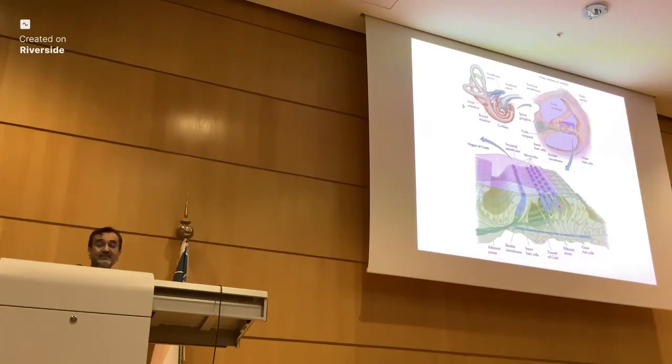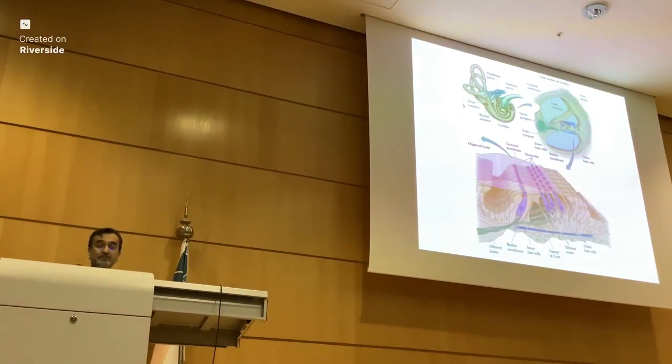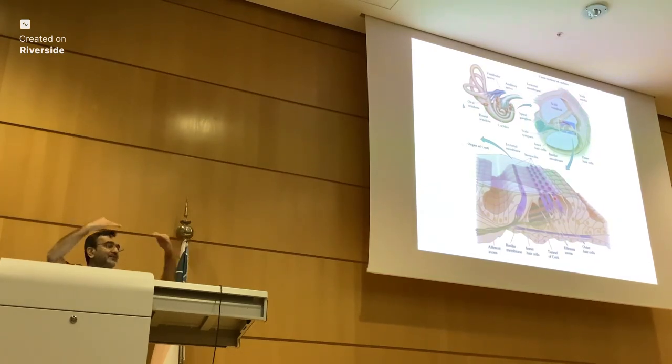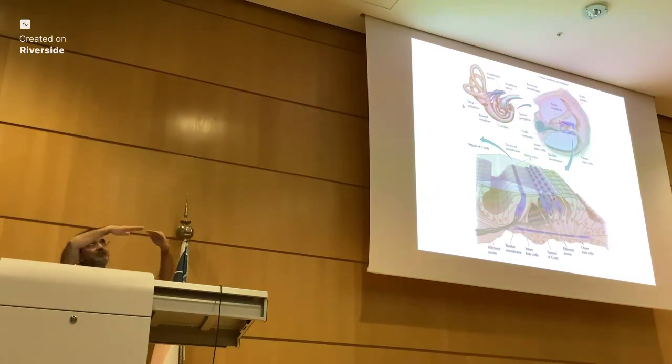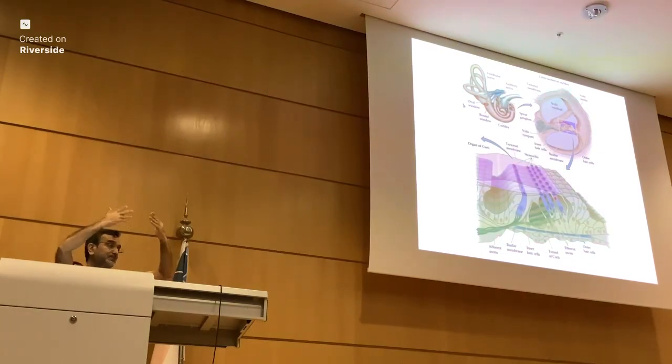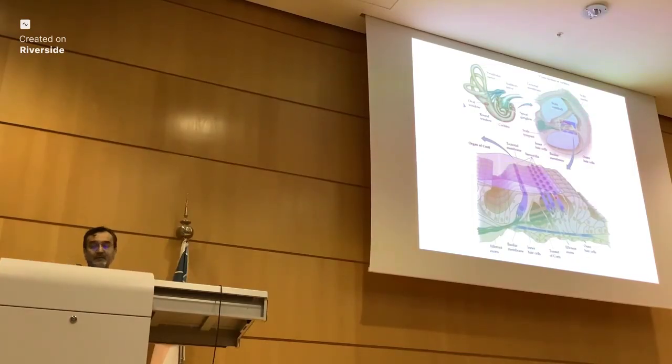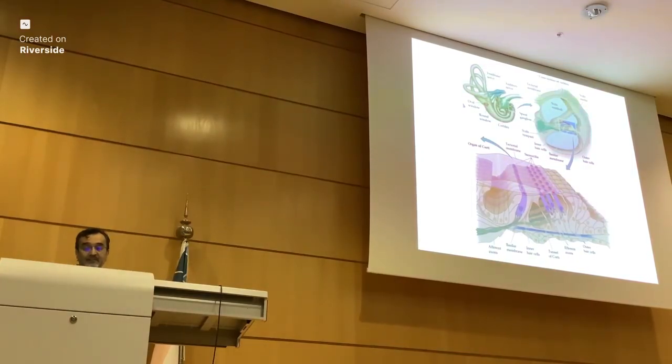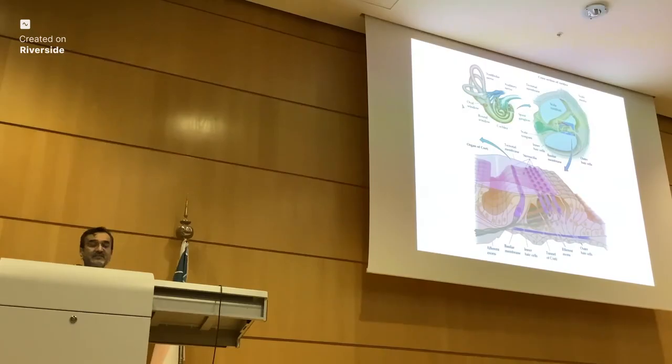Then you have three rows of outer hair cells, and a membrane connecting the tops of the hair cells. This is called the reticular lamina or reticular membrane, as some people call it. Above it is a gelatinous structure called the tectorial membrane.